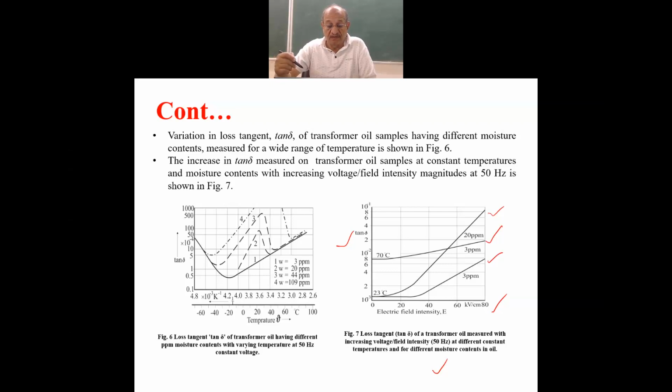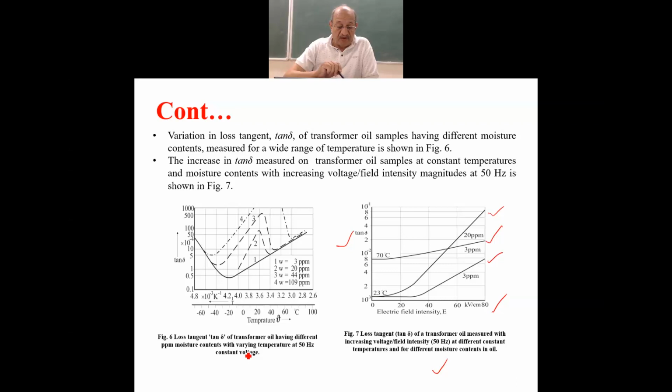So the value of tan delta, that means the losses in the dielectric, is a function of not only the applied voltage, but also the temperature of the dielectric, the moisture content of the dielectric, and so many other factors. So you can say an assessment of the quality of the dielectric can be made by the measurement of tan delta.